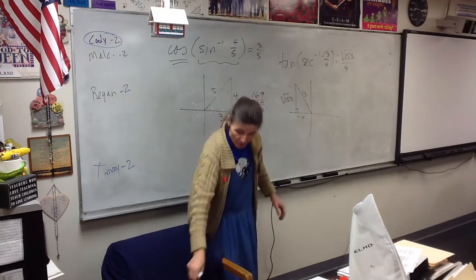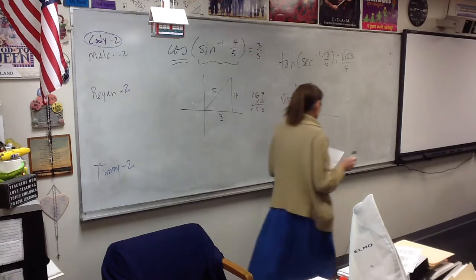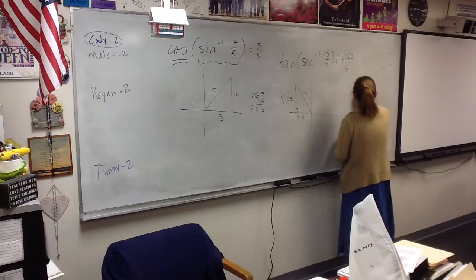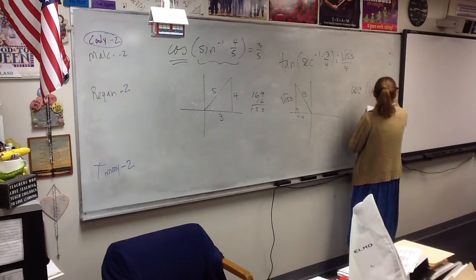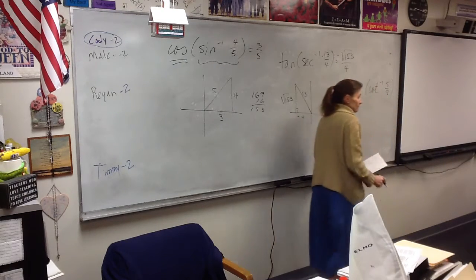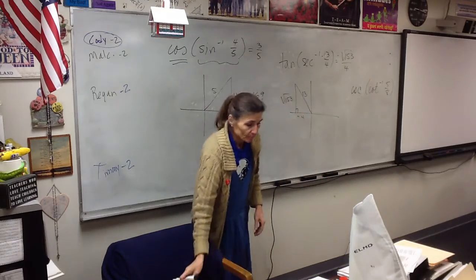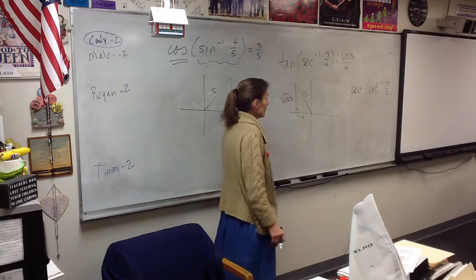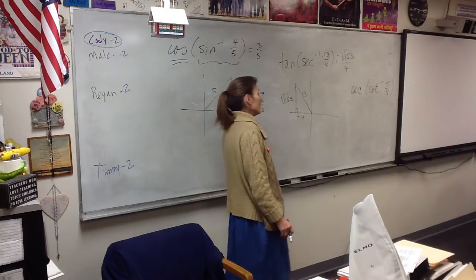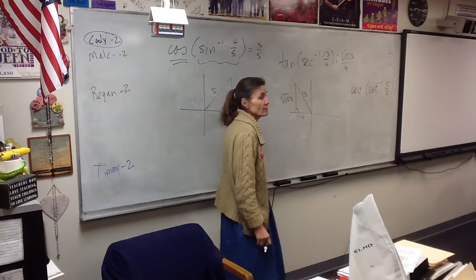All right, let's try one by yourself or with your partner. Let's find the cosecant of the angle whose cotangent is 5/8. Last one, then we'll review. Let's see if you can get this one. Find the cosecant of the angle whose cotangent is 5/8.